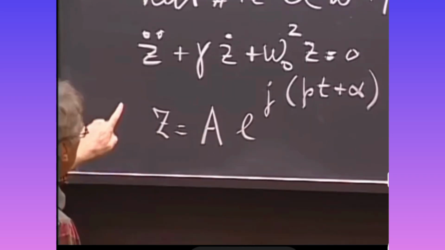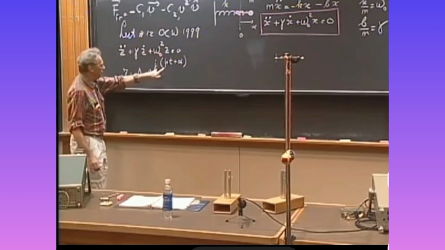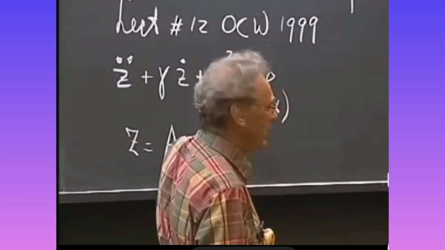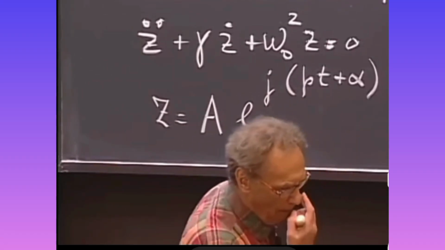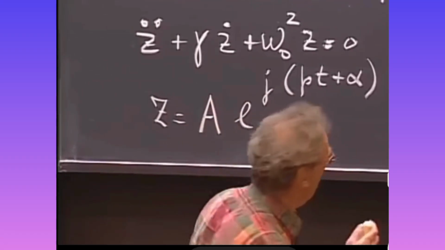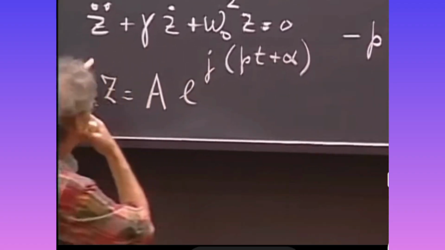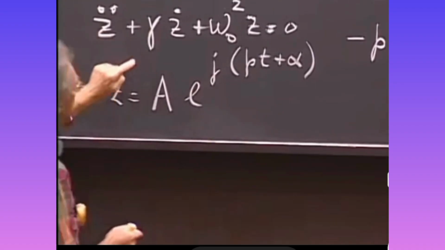I'm going to take the second derivative of this equation. So out comes, jp comes out twice, so that is j squared times p squared. And so I'm going to see now minus p squared. That is the second derivative of this function, and the z comes later.